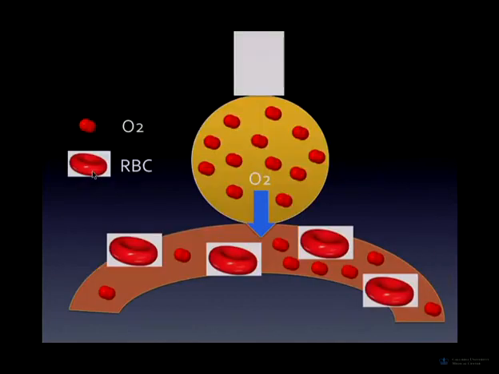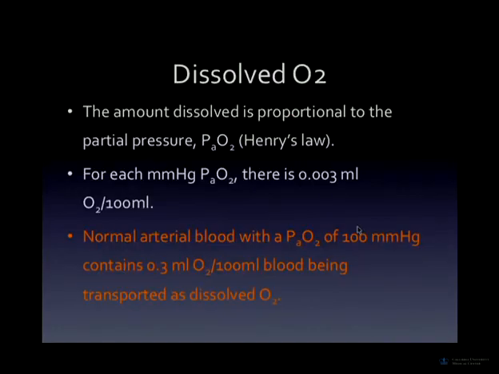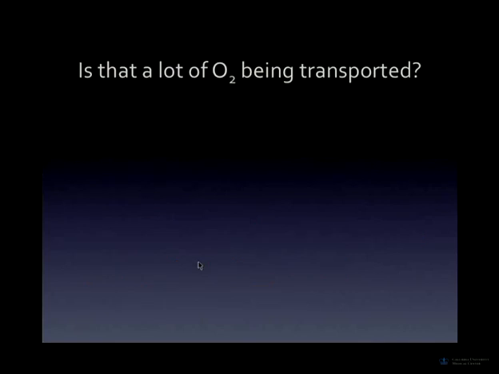This is more representational, pre-gas exchange, post-gas exchange. So if you have normal arterial blood that has an arterial oxygen tension of about 100 millimeters of mercury, you get about 1/3 of a milliliter of oxygen per deciliter of blood being transported as dissolved oxygen. So is that a lot?